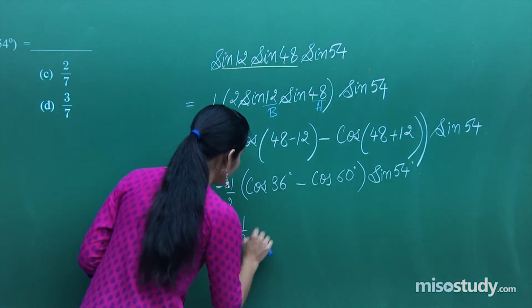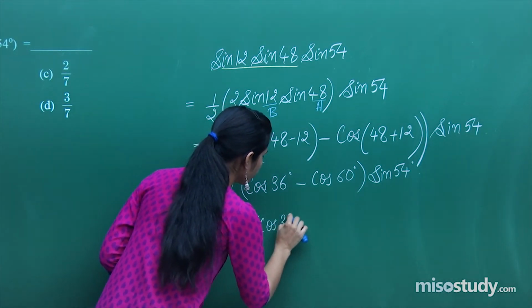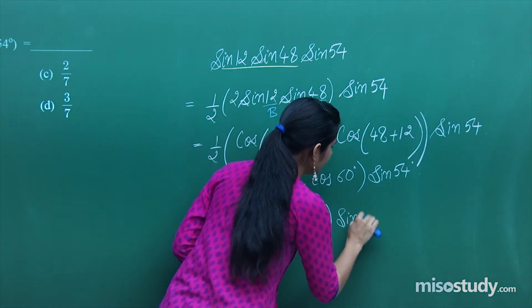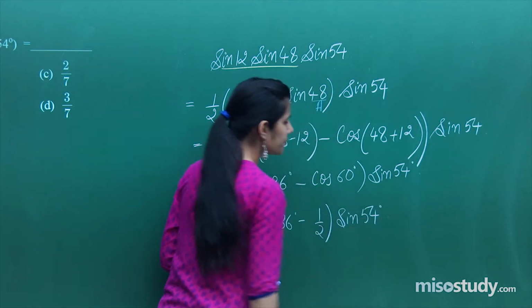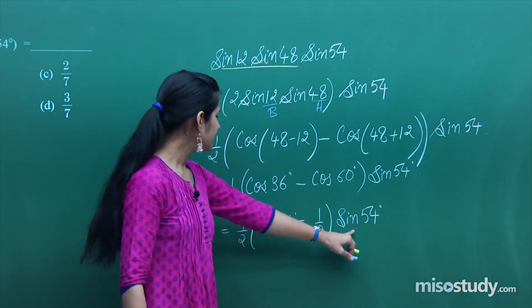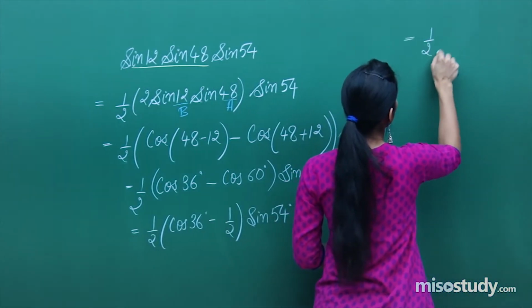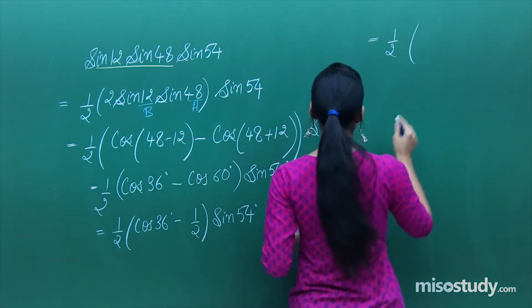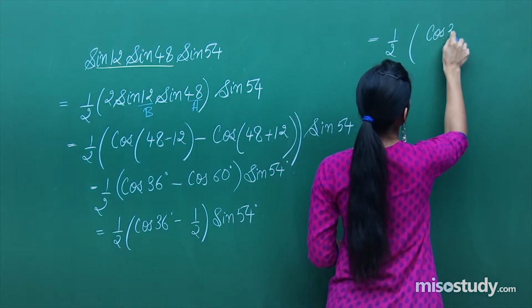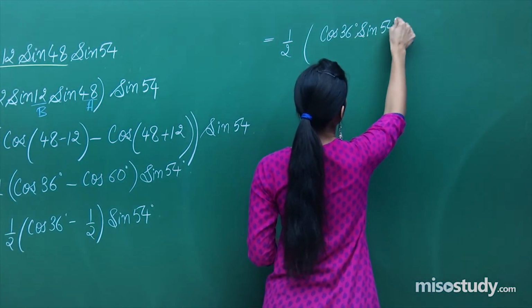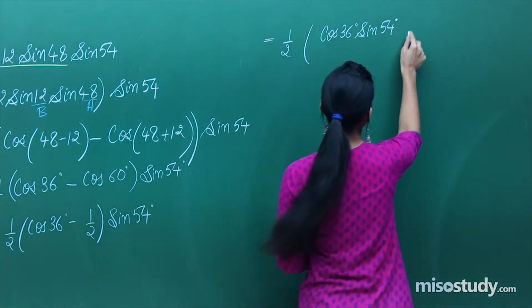So you get 1 by 2 cos 36 minus 1 by 2 into sine 54. Fine? Multiply sine 54 inside, what you get? 1 by 2 cos 36 sine 54 minus 1 by 2 sine 54.